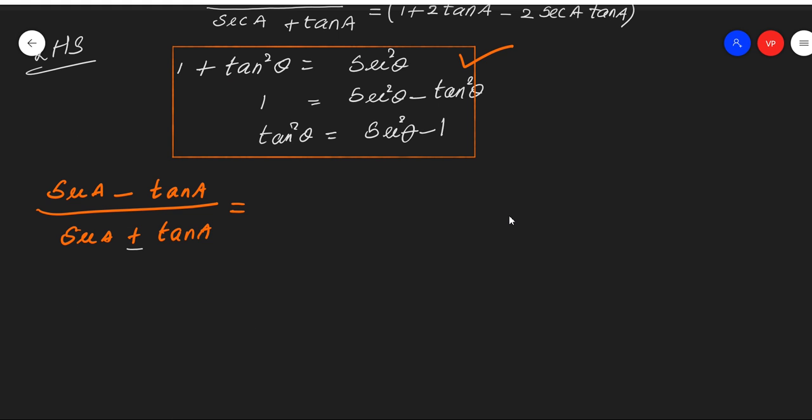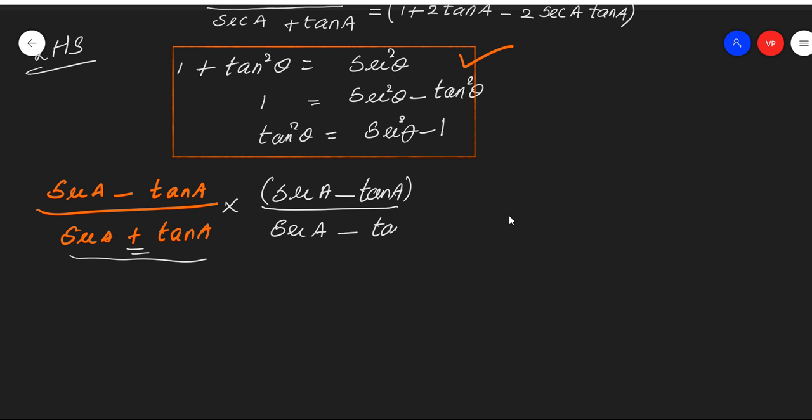What is the conjugate for this denominator? Here we have to multiply by the conjugate. The conjugate is secant A minus tan A, by secant A minus tan A. So this is our conjugate.